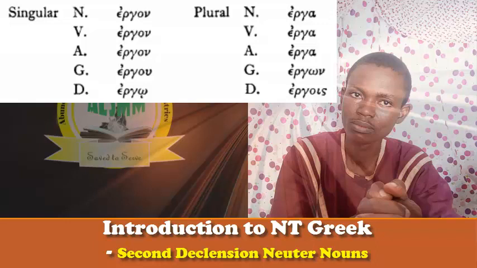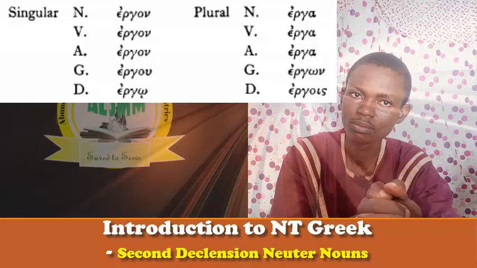Accusative still remains ergon in the singular form. Now for the genitive we have ergou. While the dative would be ergo. Ergo is spelled epsilon, rho, gamma, omega with iota subscript.